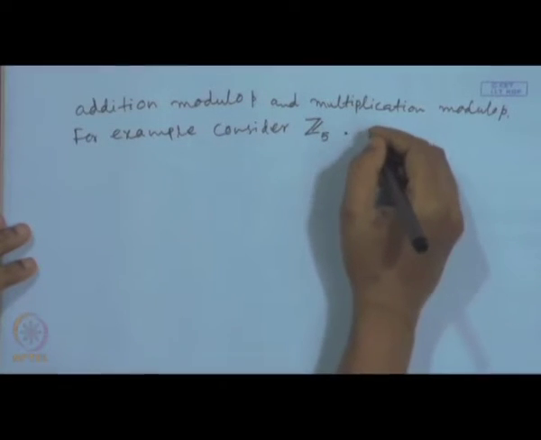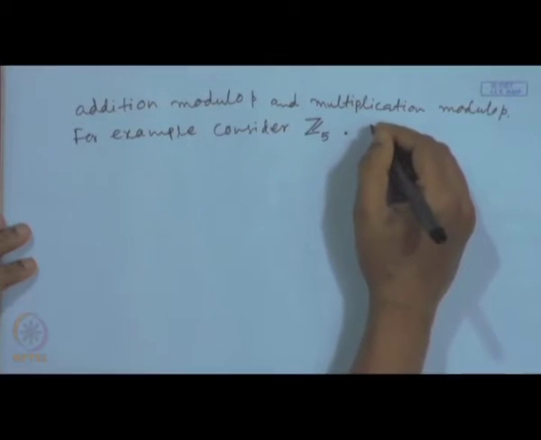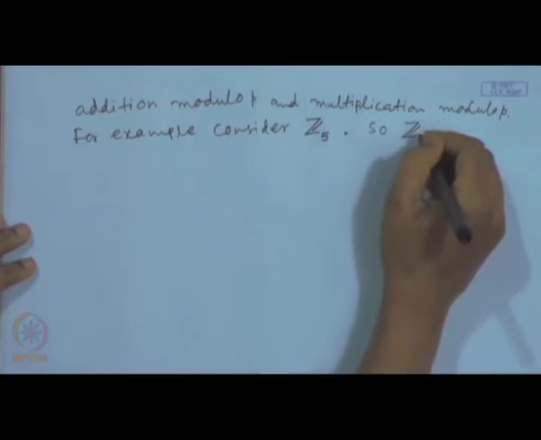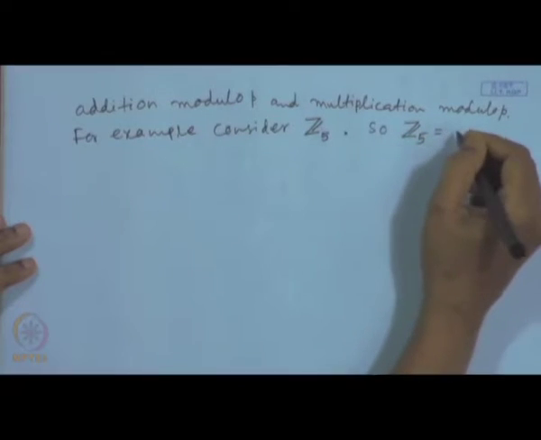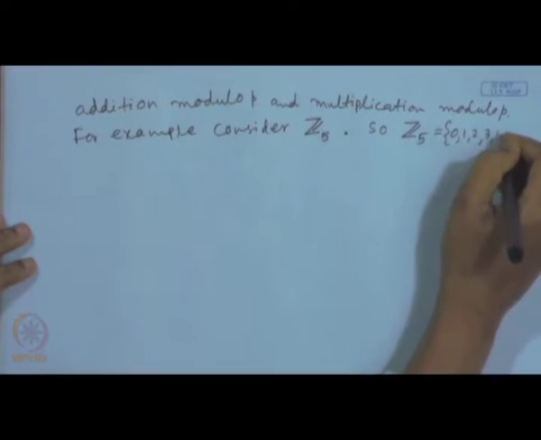So, Z5 will be the set of remainders 0, 1, 2, 3, 4.